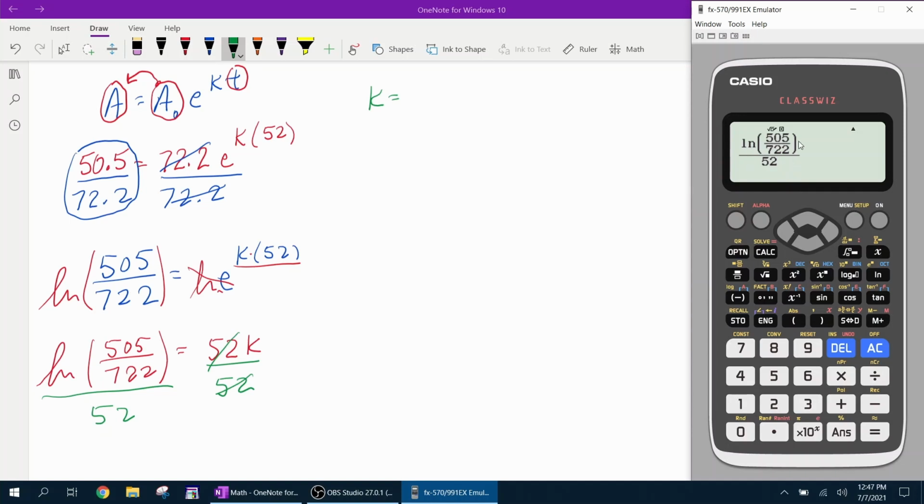Notice when you're inputting this in the calculator, you need to make sure it looks exactly like it does on your paper in order to get the correct answer. Oops, and that's in scientific notation again. So times 10 to the negative 3 means I need to move that decimal 3 places to the left to get the actual value. That's going to be 0.00687.